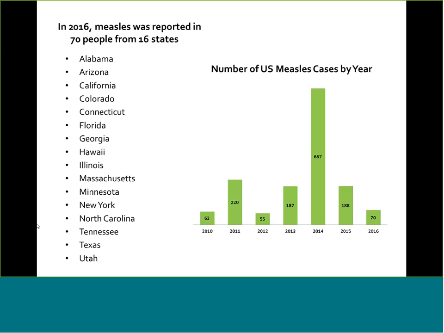There was one large outbreak of over 380 cases that occurred among unvaccinated Amish communities in Ohio, and most of those cases were again associated with a strain that was felt to be imported from the Philippines. In 2016, you can see the complete numbers there. We had 70 cases of measles in 16 different states. And then so far in 2017, as of April 22nd, there have been 61 cases reported in the United States.